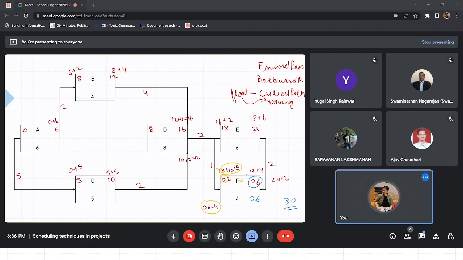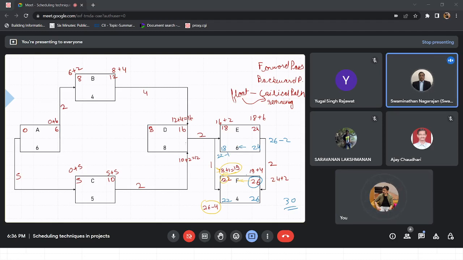26 minus 4, again 22. In this case, from 26, this becomes 26 minus 2, 24. For this, 18. Either it can be 22 minus 1, 21, or we can come from this side.